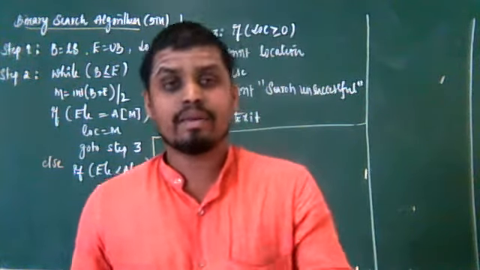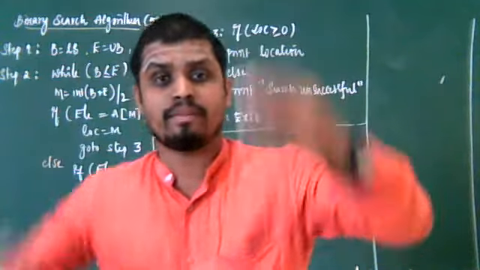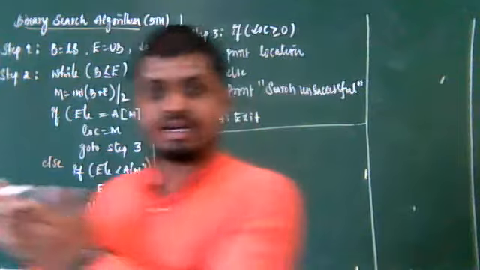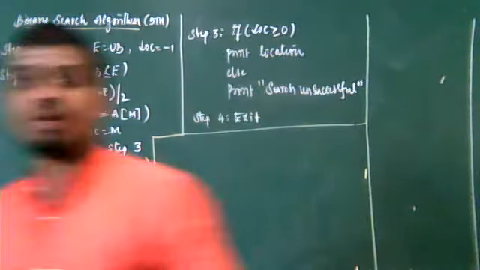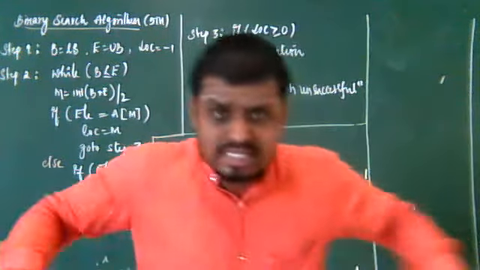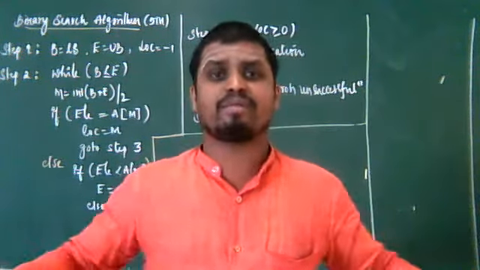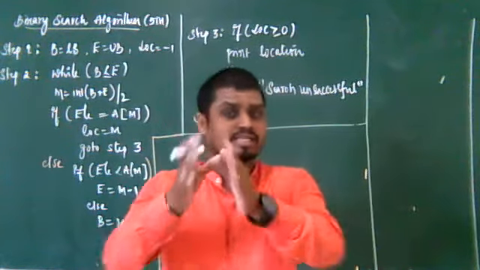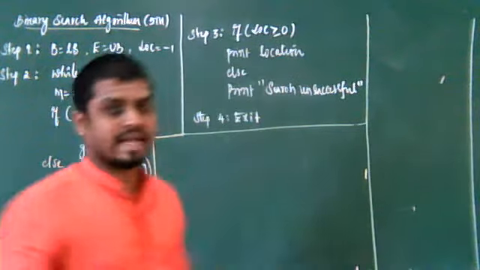If you are unable to find your required element at the middle position, then you need to go either to the right side or the left side of the middle value. Somewhere it is supposed to be present in that memory block. Then it is very easy for you to search for the element using binary search.